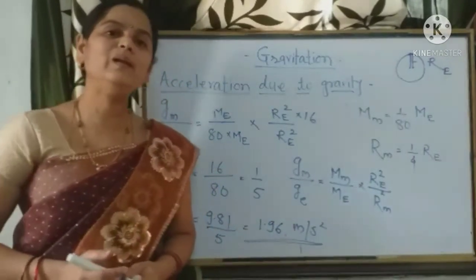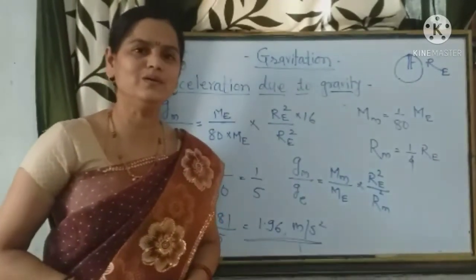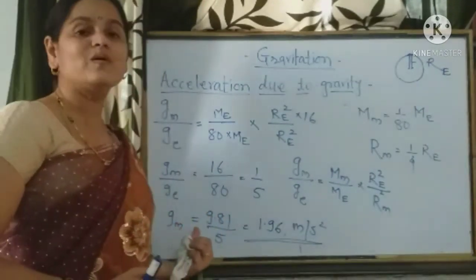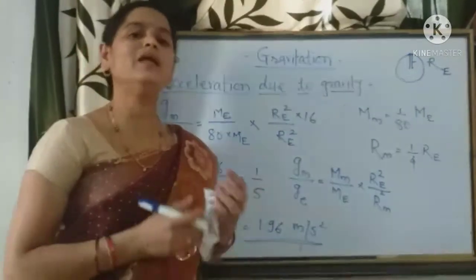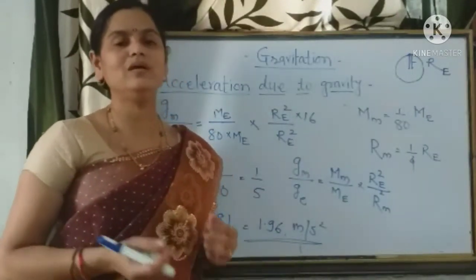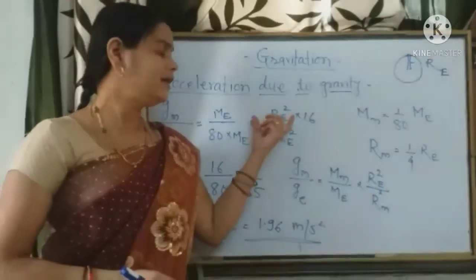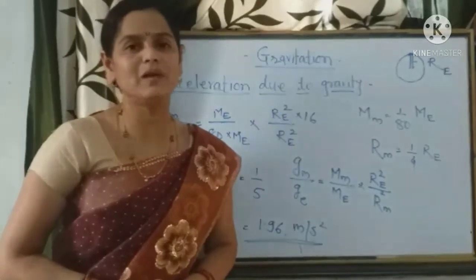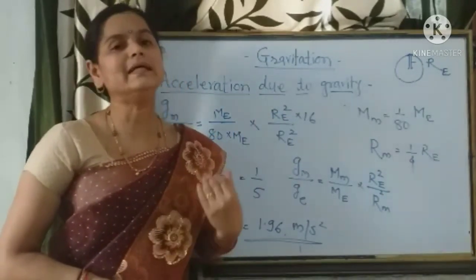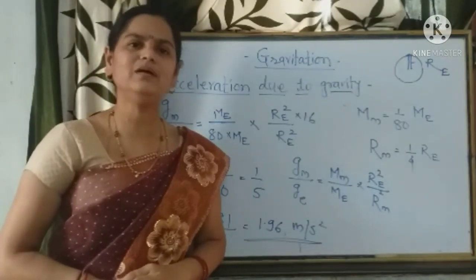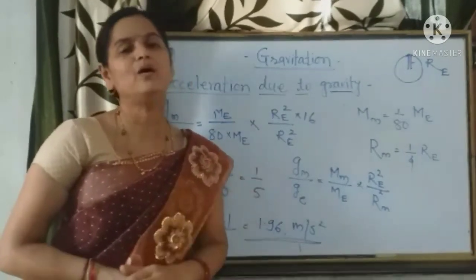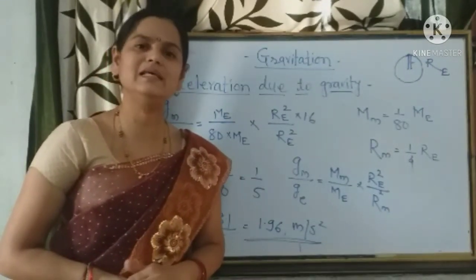This is the value of the acceleration due to gravity on the surface of the moon. Thus, for any planet, if we have the properties, that is the radius and the mass of the planet, we can easily find out the acceleration due to gravity on any object due to that planet.